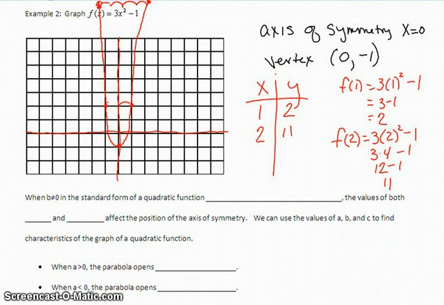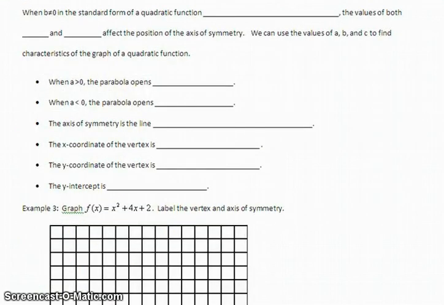The axis of symmetry is x equals 0 and the vertex is (0, c) when we do not have that linear term. When we have our equation in the form ax squared plus bx plus c equals y, and b is not 0, both the values of a and b affect the position of the axis of symmetry. And we can use our values of a, b, and c to find characteristics of the graph.